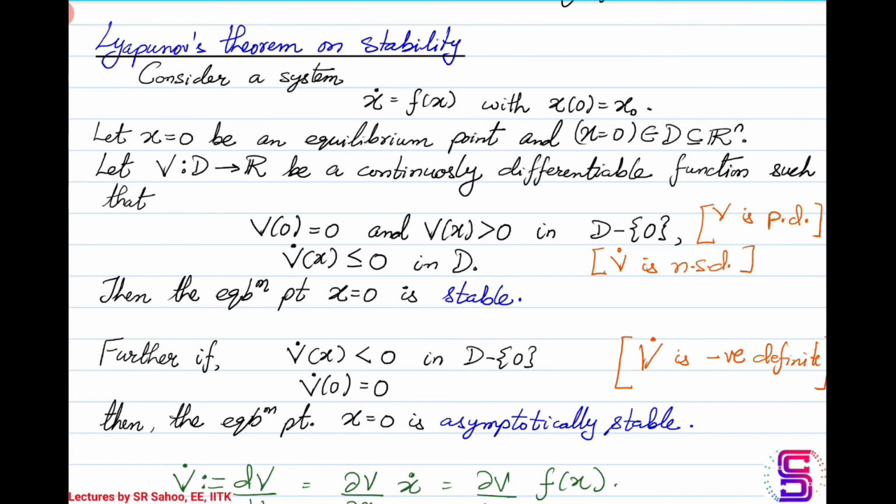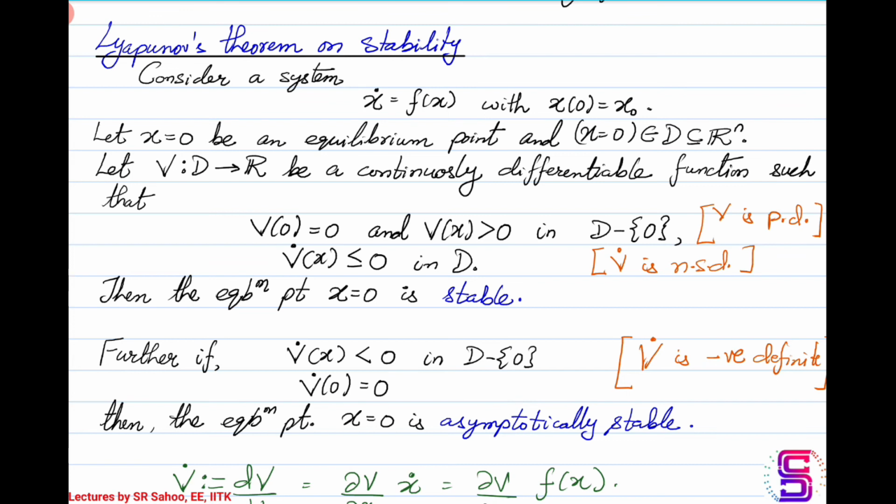So D contains the equilibrium point. At the equilibrium point, at 0, V is 0, and for all other points in the domain D, V is going to be greater than 0. We call such a function a positive definite function.